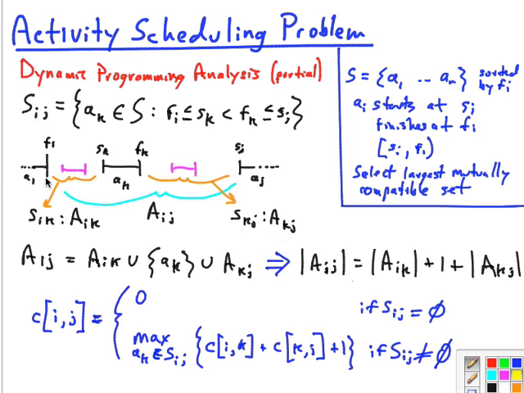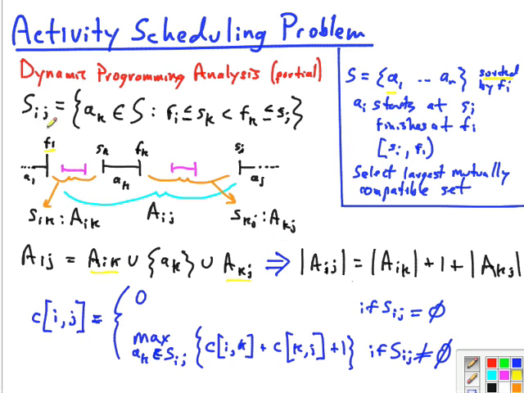If we always pick the activity starting at the beginning because they are sorted, if we pick the activity that finishes first, so that's always going to be a sub 1, and then recursively solve the subproblem of the rest, so a sub 2 would be the beginning of the subproblem, then the intuition is by choosing the activity that finishes first, we're leaving the most room for all the remaining activities. And one thing that this does is that it changes this from a problem that has two subproblems to one that has only one subproblem.